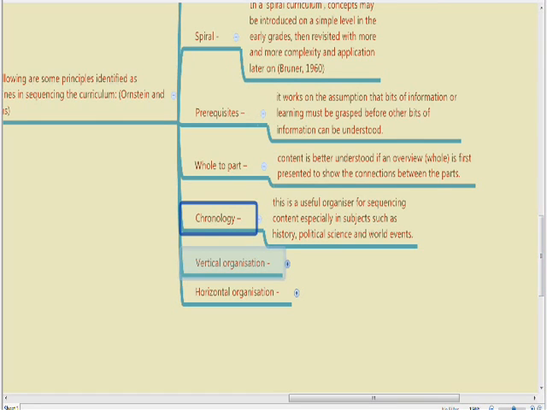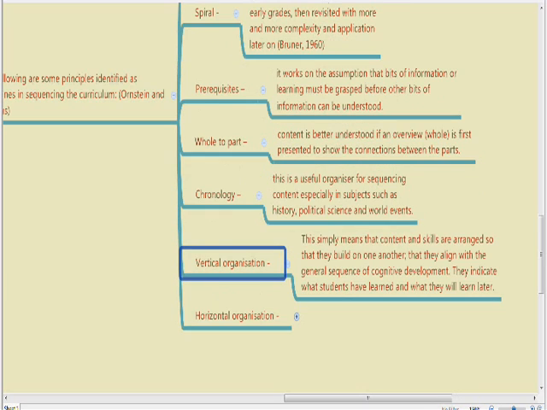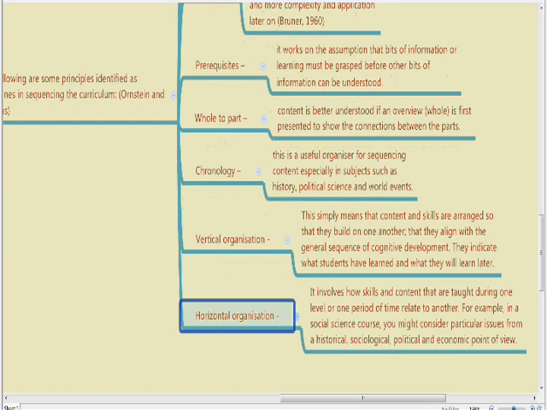Now, vertical organization, as I told you just now, simply means that content and skills are arranged so that they build on one another, and is aligned with the general sequence of cognitive development. They are indicative of what students learn now and what they will learn later. So this is the vertical. I'll cover this in more detail in the next chapter.